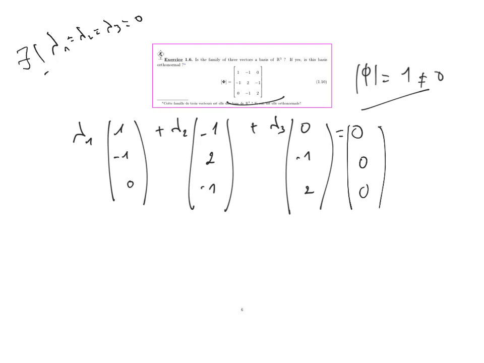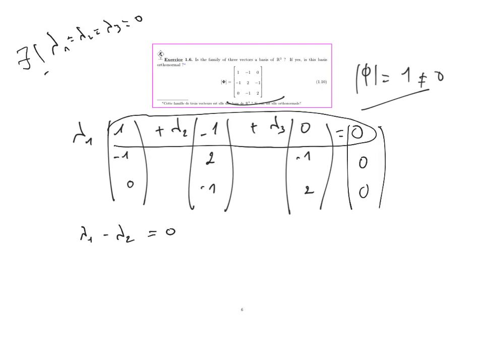Okay, so let's suppose that we have one combination like that. Let's see what are the necessary conditions on lambda 1, lambda 2, lambda 3. So if we look at the first equation, relative to the first row, we have that lambda 1 minus lambda 2 equal to 0, because there is no lambda 3 here.